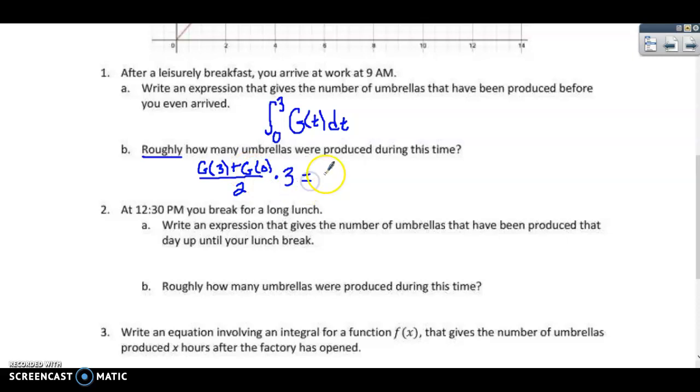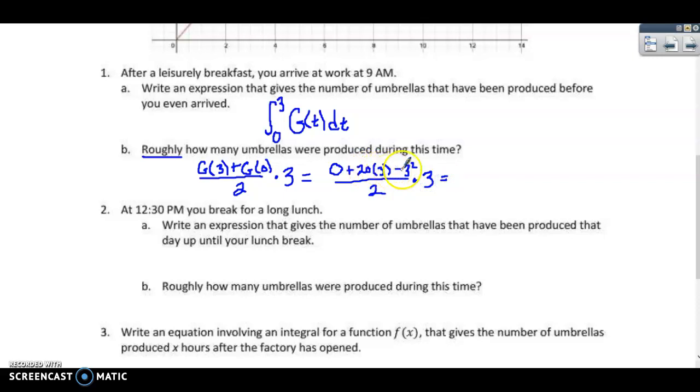Well, G of 0 would be 0 umbrellas produced when we open. G of 3, well, you've got to plug 3 into your equation up above, and that was 20 times 3 minus 3 squared. And then, of course, divided by 2 multiplied by 3.